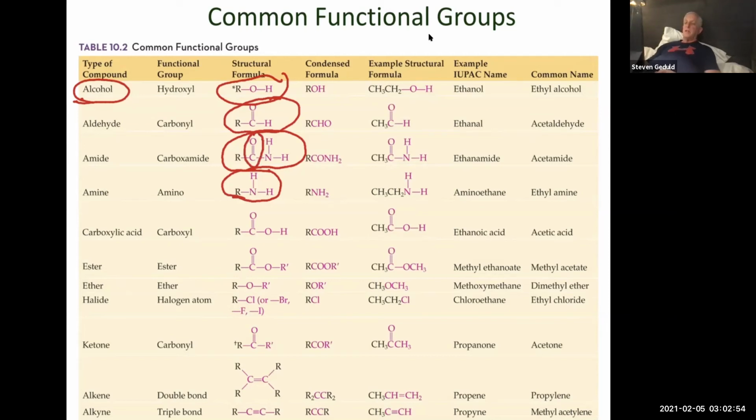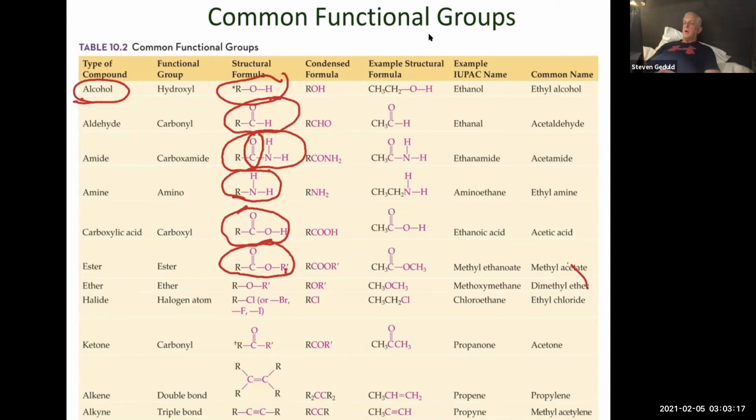A carboxylic acid is an R group attached to a COOH. An ester is an R group attached to a C double bond O, which is your carbonyl group, then another oxygen, then another R group. If this R group was an H, that's a carboxylic acid.